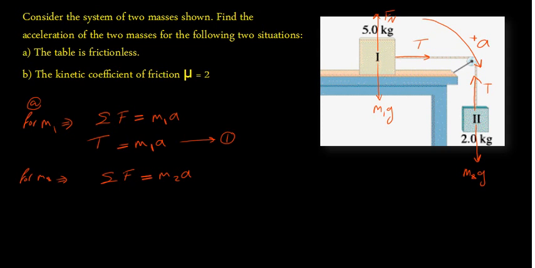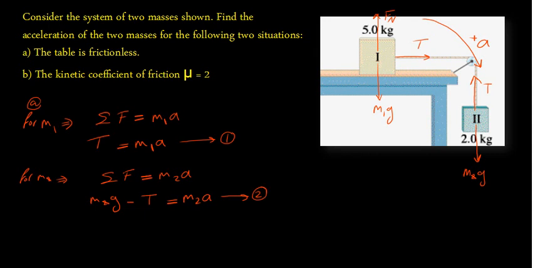That makes m2g minus tension equal the second mass multiplied by acceleration. Great. That will be my second equation.